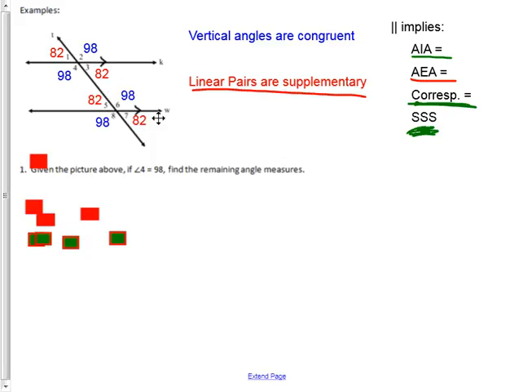The only other same side interior angles would be this one, 98 and 82. Again, 98 and 82 add up to 180. So indeed, our same side interior angles are supplementary. Just by knowing this first one, angle 4, we were able to figure out all 7 other ones.